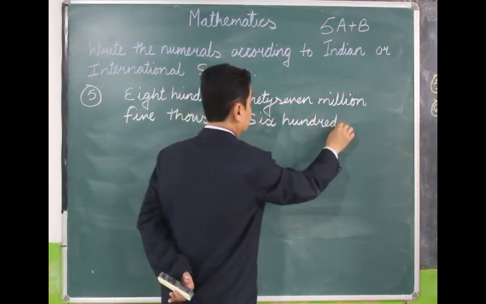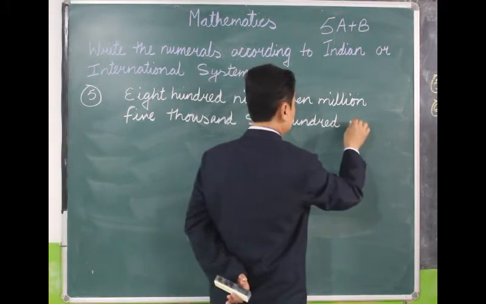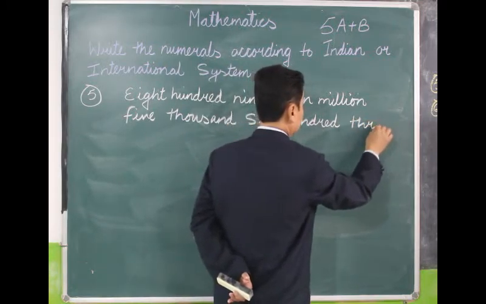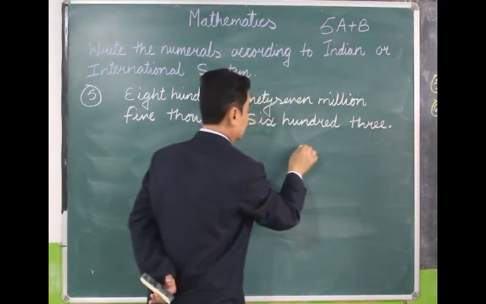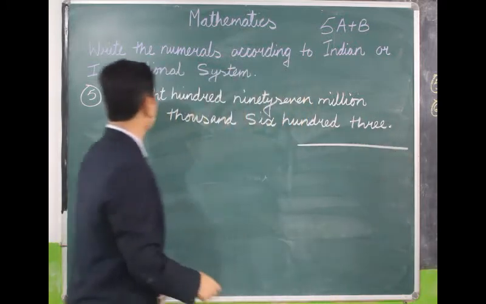You can write 'and' 3 or you can write just 3. Both are the same.